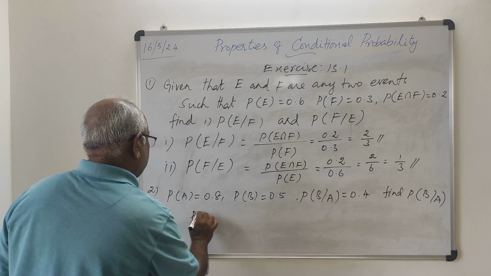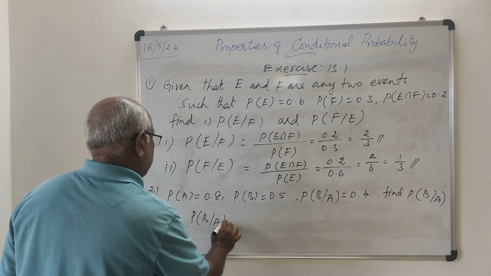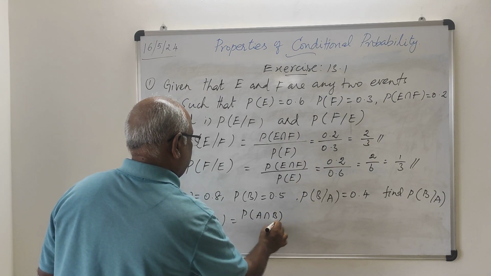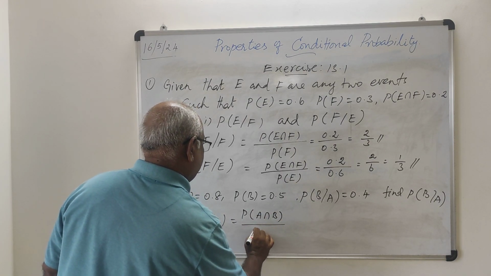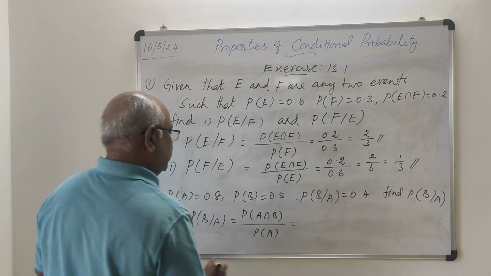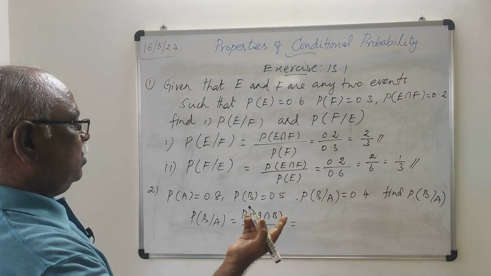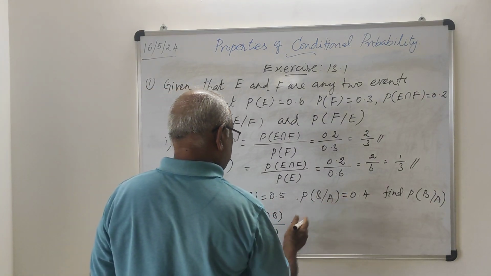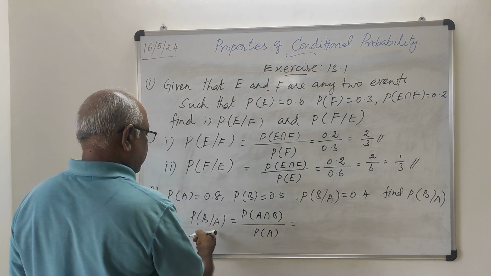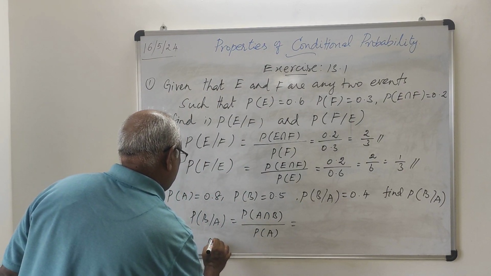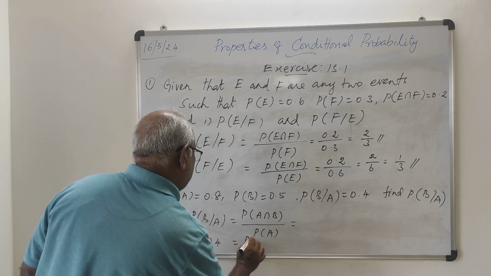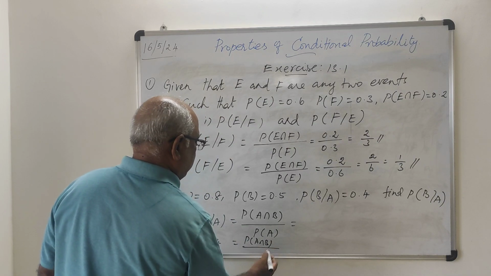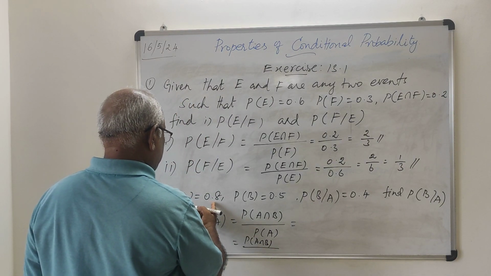By definition, P of B slash A is equal to P of A intersection B by P of A. Where is P of A intersection B? You have to find that, because you know P of B by A is 0.4. This implies 0.4 is equal to P of A intersection B by P of A, which is 0.8.